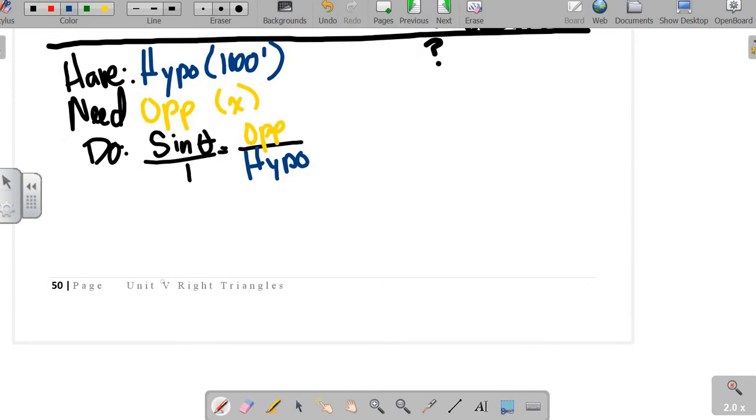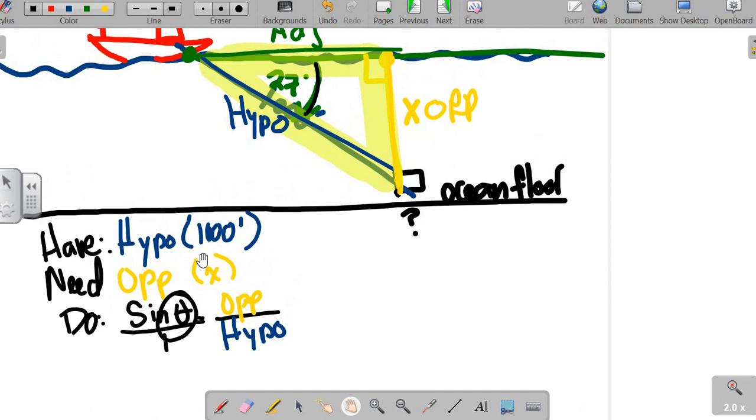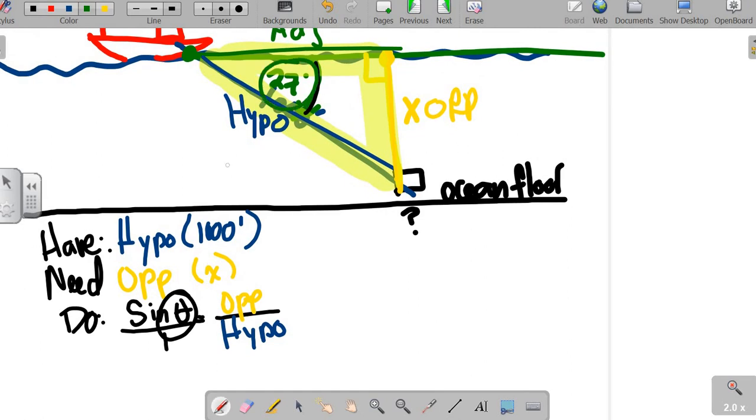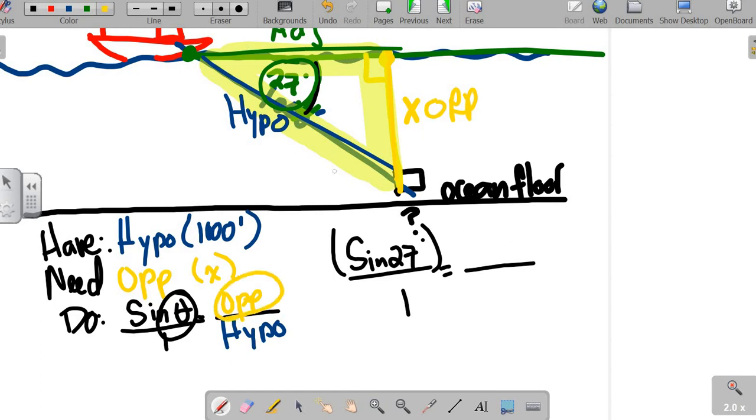Now we do circle, plug, chug. Sine of theta. I pick it up. It's 27. Our opposite is our x.